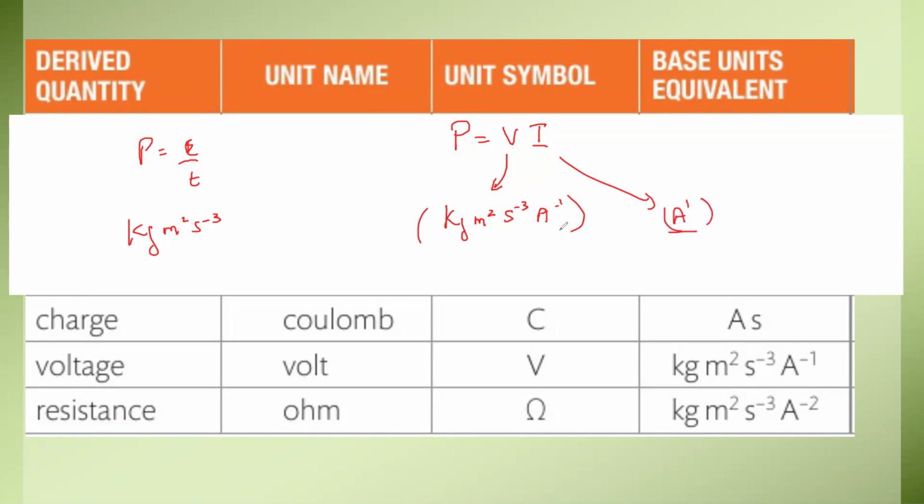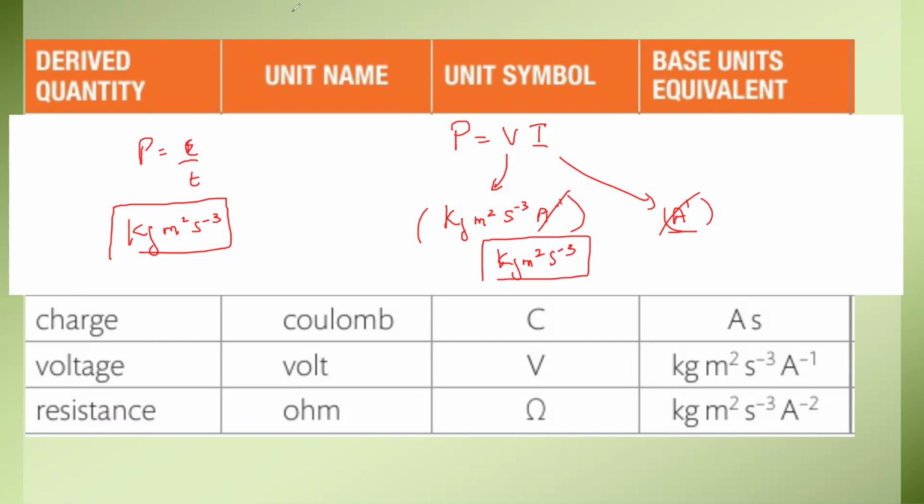So ampere power 1 and ampere power minus 1 cancel out each other, and we are left with the same unit: kilogram meter square second raised to power minus 3. So irrespective of the formula you use to get the base unit, you will get the same answer. It does not make any difference.